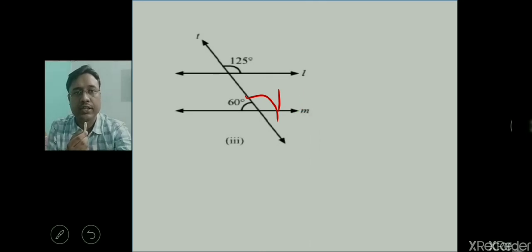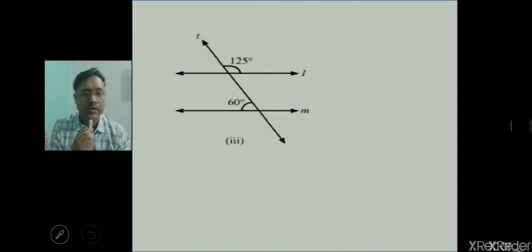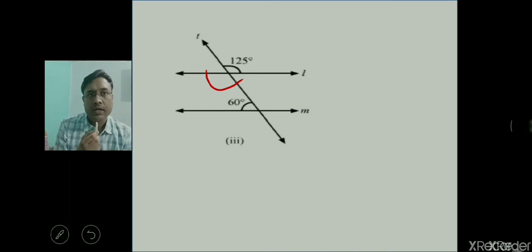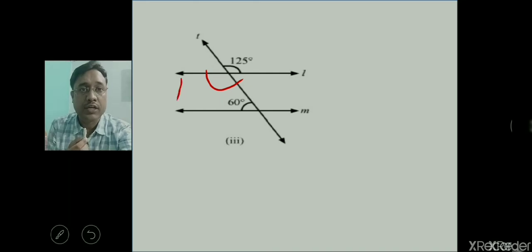One more property you can use: this is 60, then this angle is 125, and this is also 125. The property you are using is vertically opposite angles.